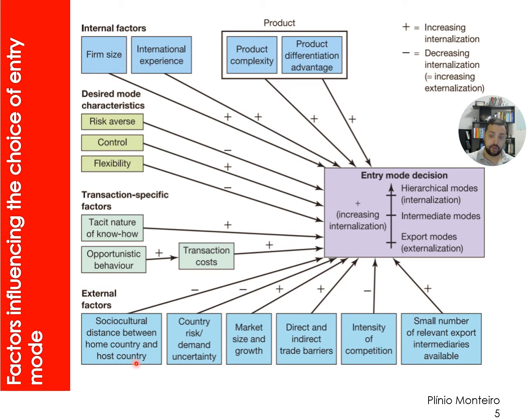So why would you invest a lot of money to establish your business in that country if you don't know if the demand will be high enough during a long period of time to allow you to start having a return on investment? In that case, if you have a lot of uncertainty in the demand or risks in the country, probably you're going to choose less risky entry modes, and these are the methods related to exports and intermediate entry modes.